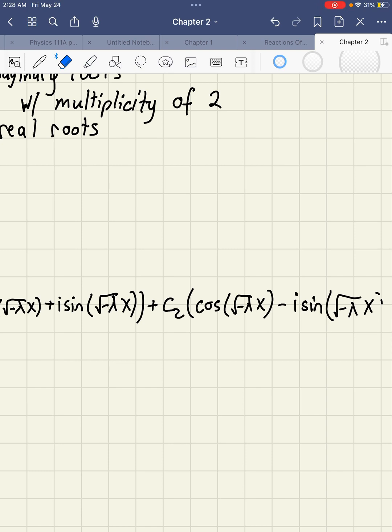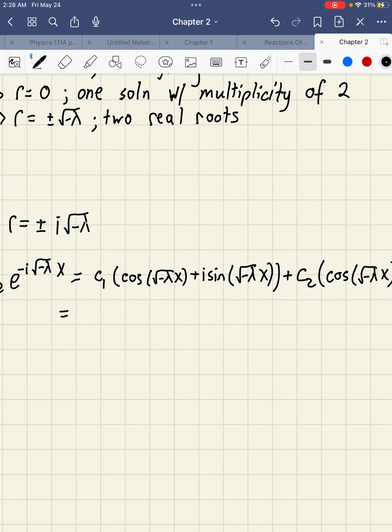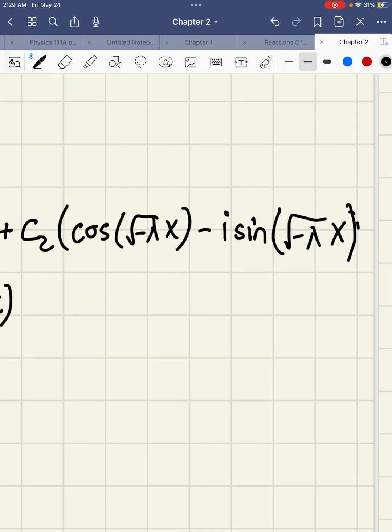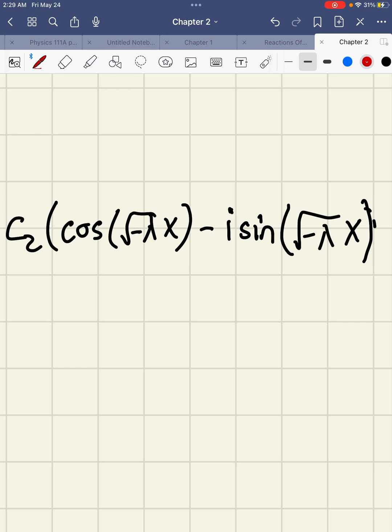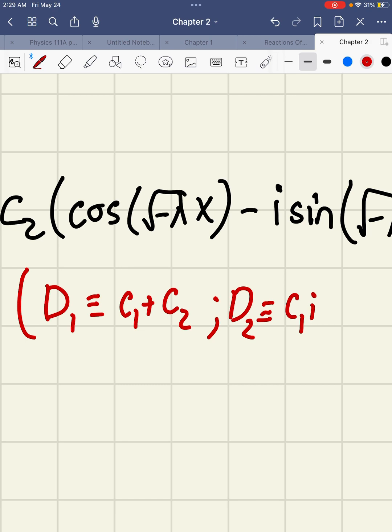Now, since it's going to be C1 and C2, I can just write a constant D1 times cosine of square root lambda x plus the constant D2 times sine of square root lambda x, where my D1 constant is defined as C1 plus C2, while my D2 constant is defined as C1 i minus C2 i.